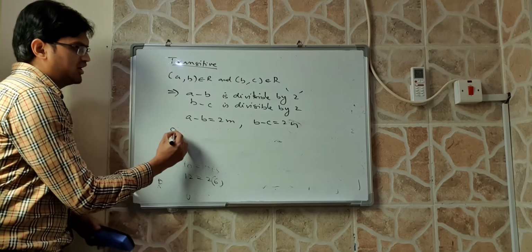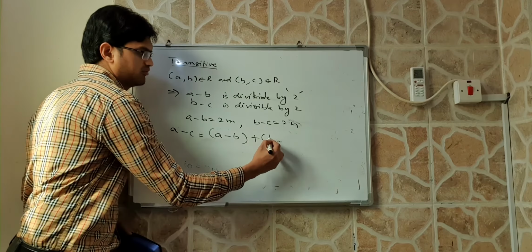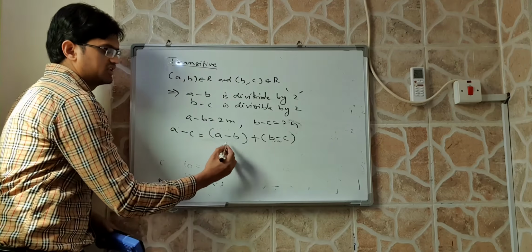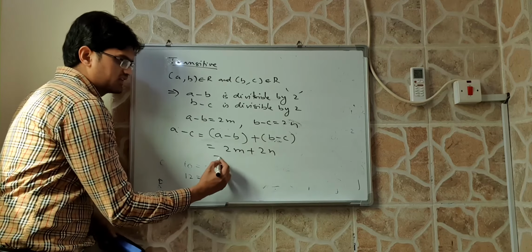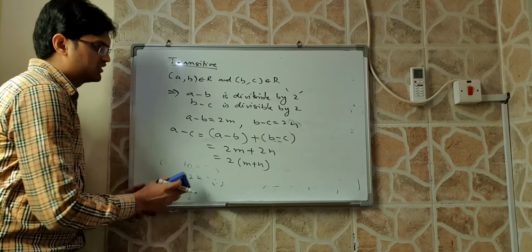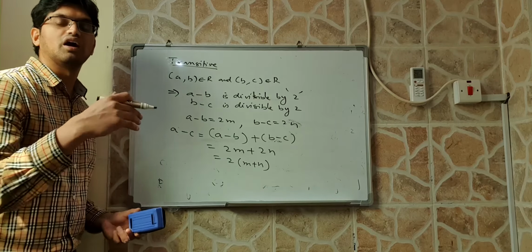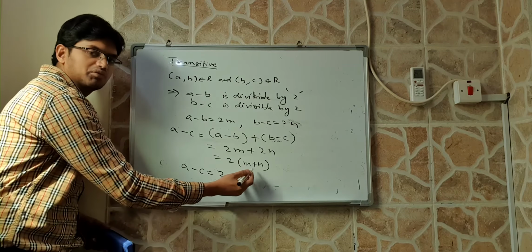What is a minus c? I can add a minus b plus b minus c, which is 2m plus 2n, which is again 2 if you take common, (m plus n), which is again a multiple of, or divisible by, 2. So a minus c is equal to 2 into something.